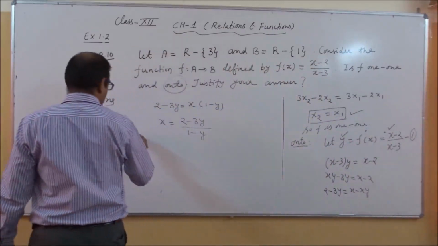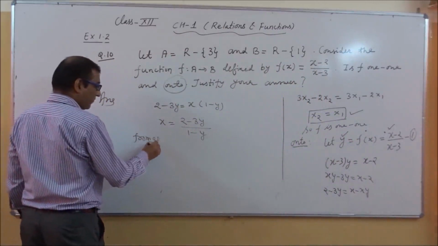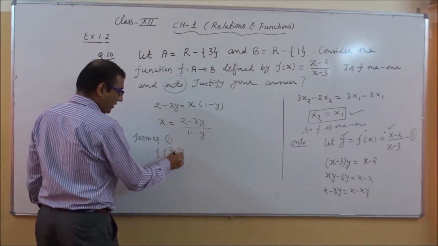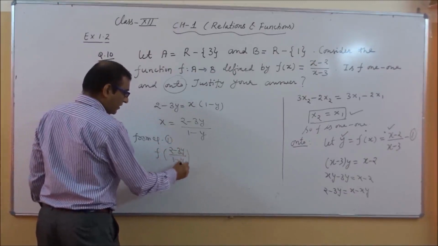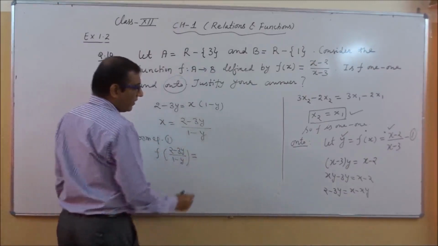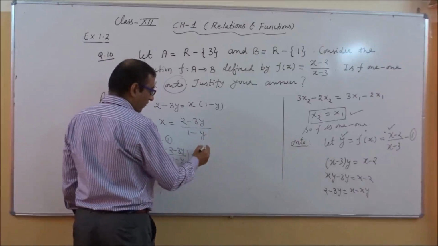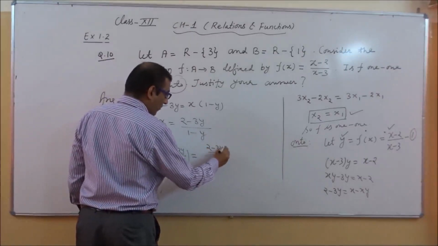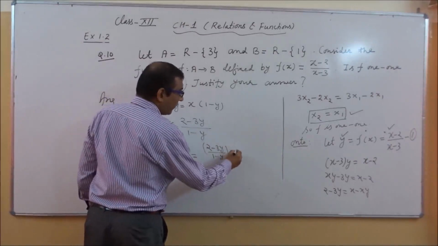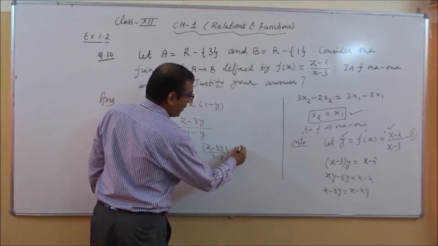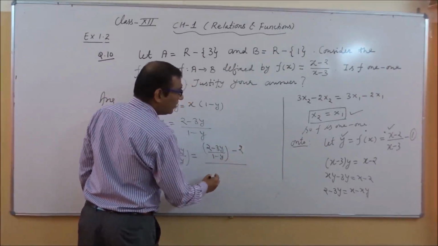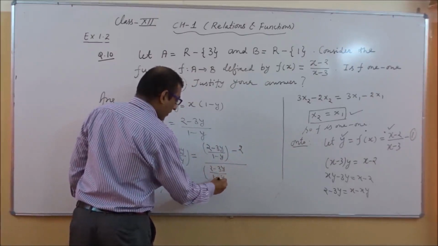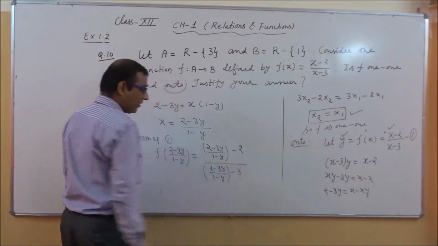So from equation first, it can be written as (x - 2)/(x - 3). It means we will put the value of x, (2 - 3y)/(1 - y), so it becomes [(2 - 3y)/(1 - y) - 2] / [(2 - 3y)/(1 - y) - 3].